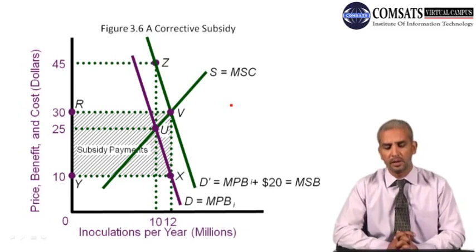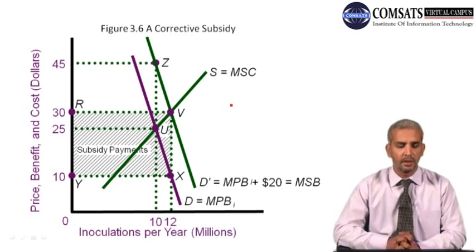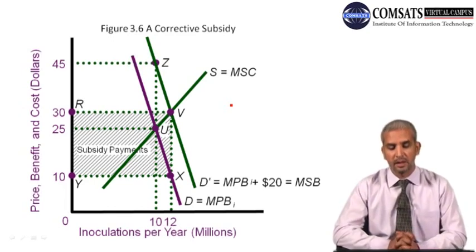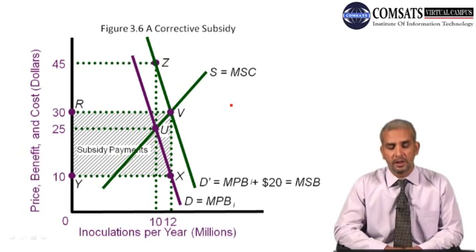The new point of intersection was V, and at this intersection the new price would be decided, which is $30, and at this new price the government needs to subsidize to ensure that 12 million inoculations are produced per year.